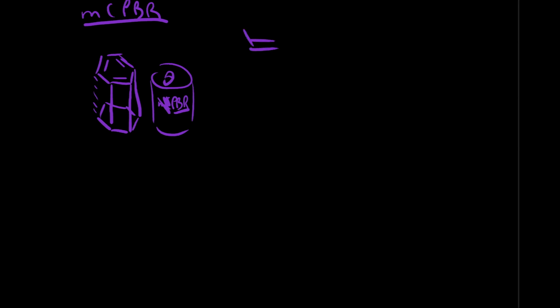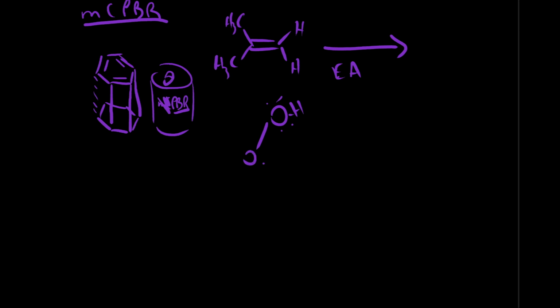So you have your doubly flanked molecule, and we're going to electrophilically add mCPBA. Really learn how to jackhammer those electrons out. That's the key to success in a class like this.